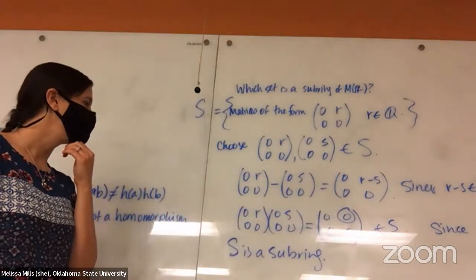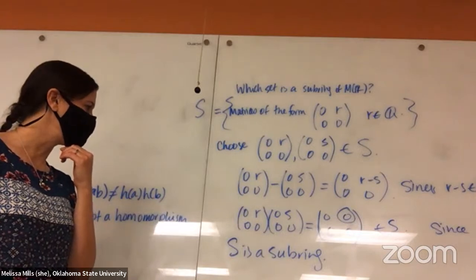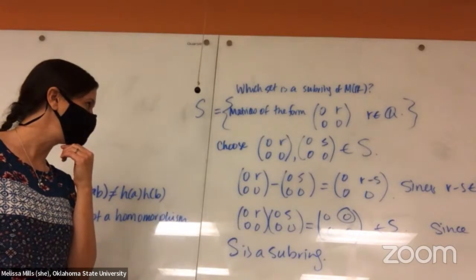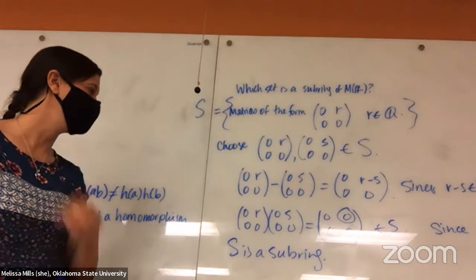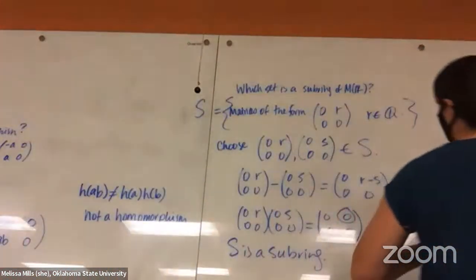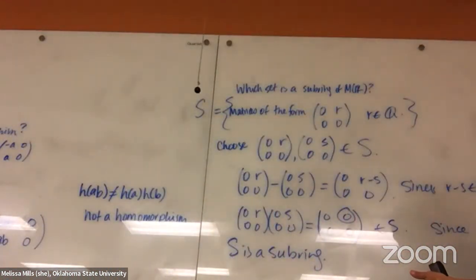So let's see, could we make a mapping out of this? If I did a mapping from Q to this set S defined by r maps to the matrix (r, 0; 0, 0), is this mapping going to be a homomorphism?